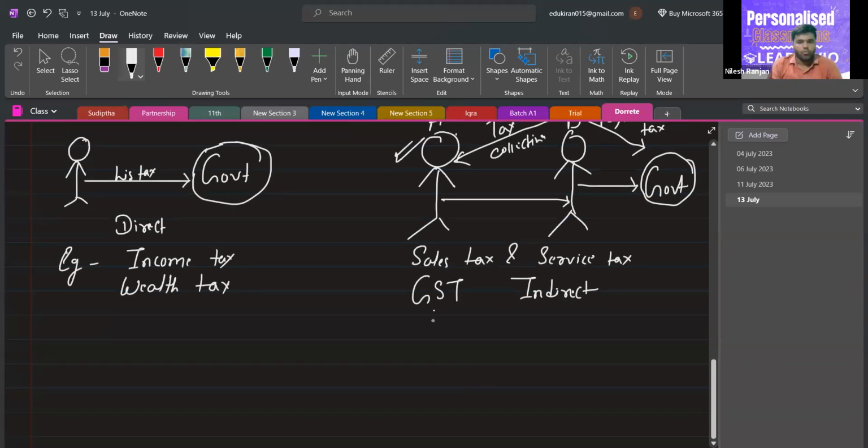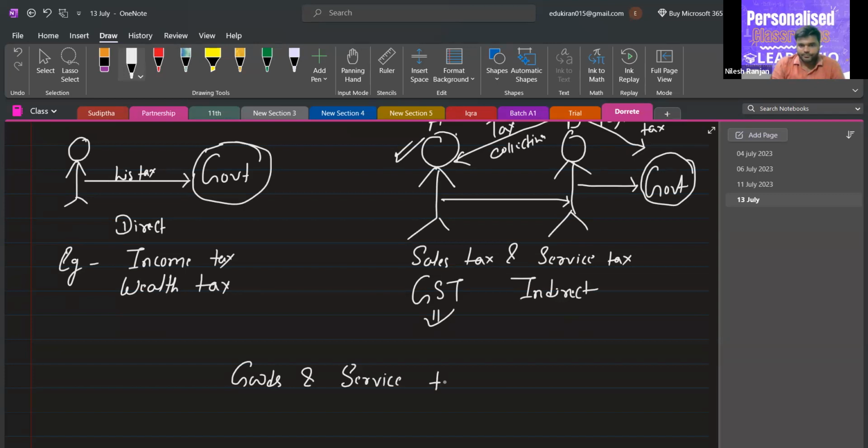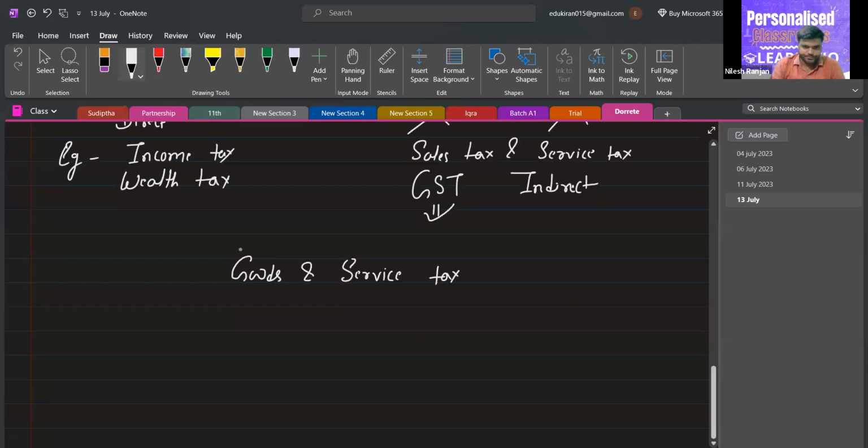Now, what does GST mean? GST means goods and service tax.